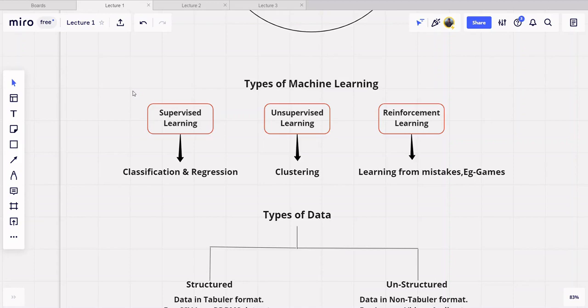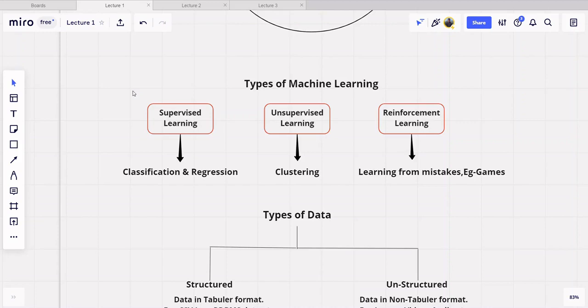type of problem. In supervised learning, we basically solve regression and classification problems, whereas in unsupervised learning we solve clustering problems, and reinforcement learning is a completely different field, mostly used in games and stuff.